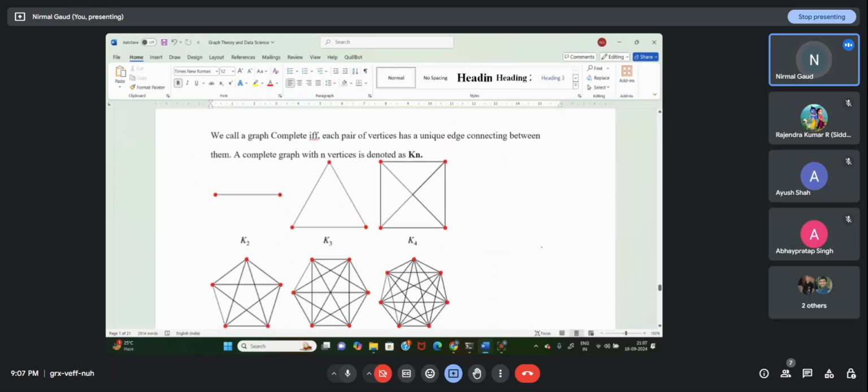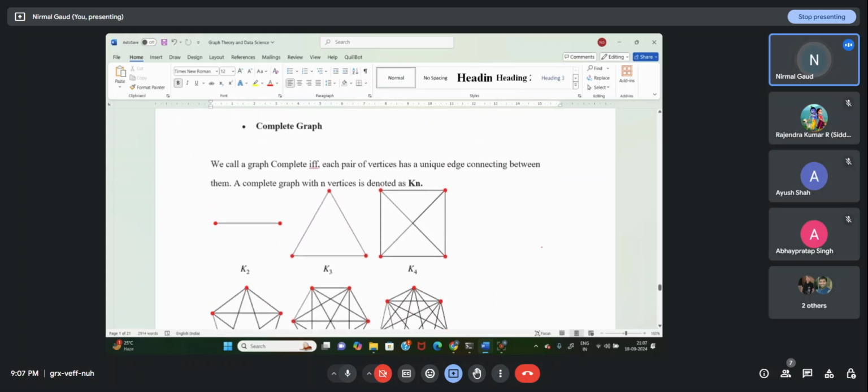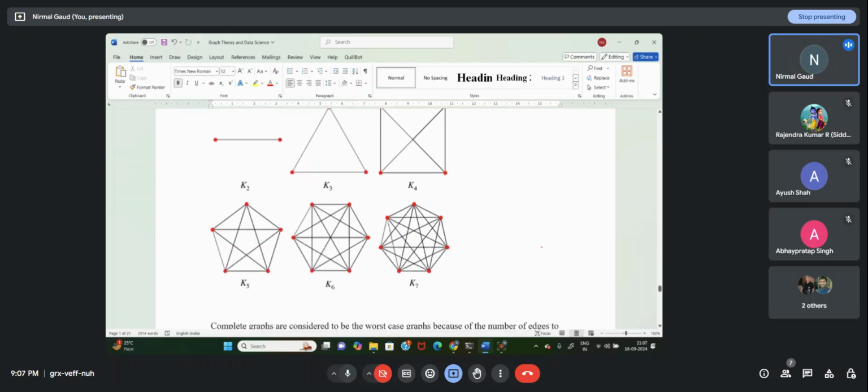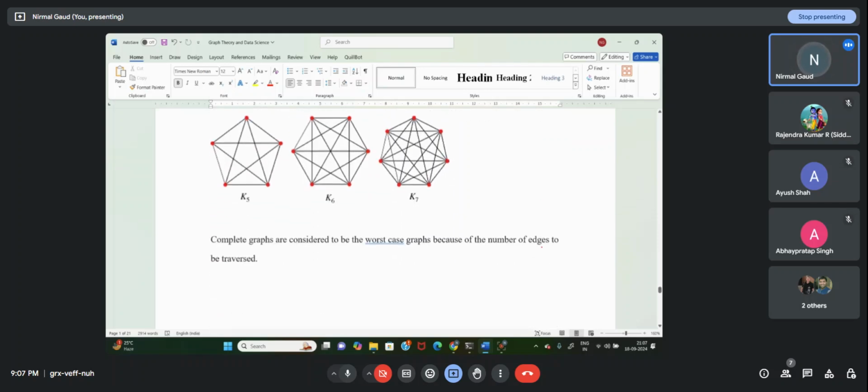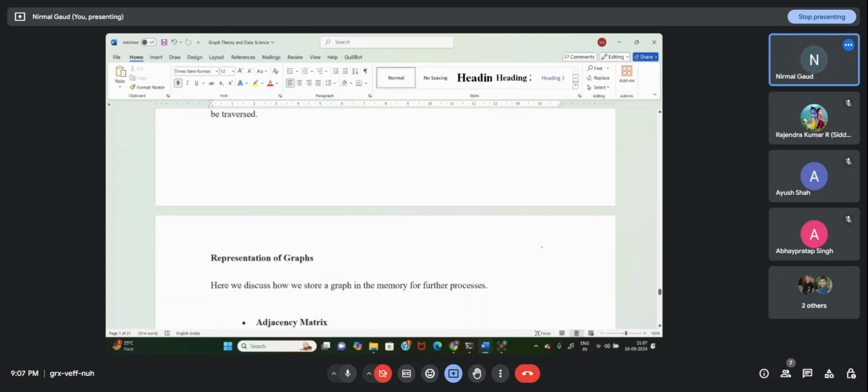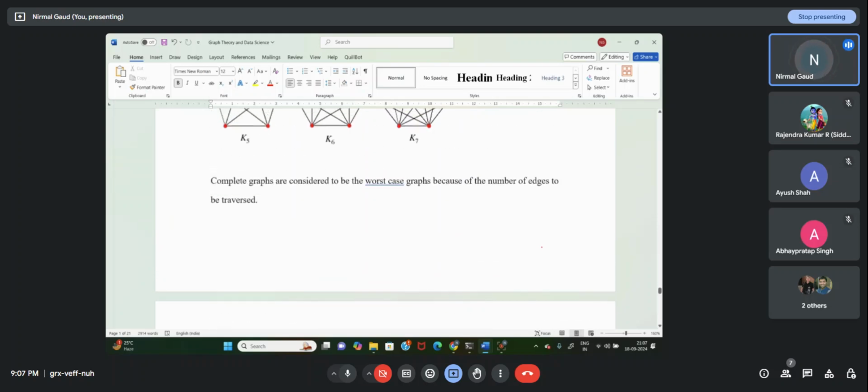Complete graph I already told. Every to every connection, this is complete. This is a complete graph. The same diagrams I have shown. Okay, complete graphs are considered a worst case graph. Why is it considered a worst case? Because every to every connection is complicated. This is very complicated.